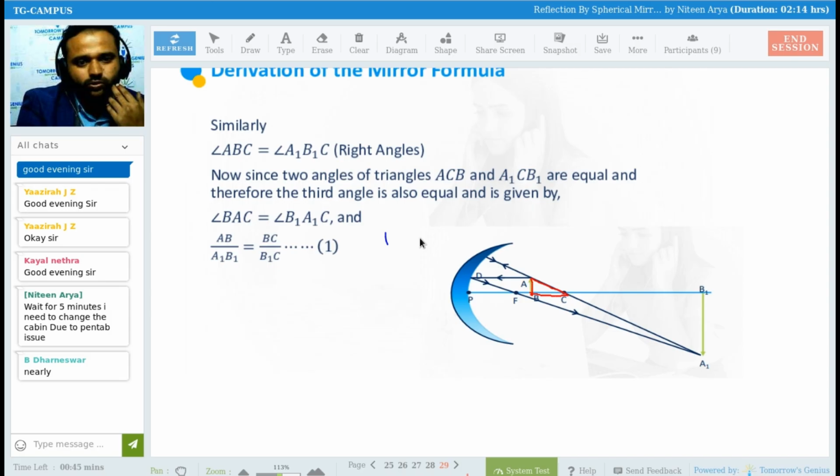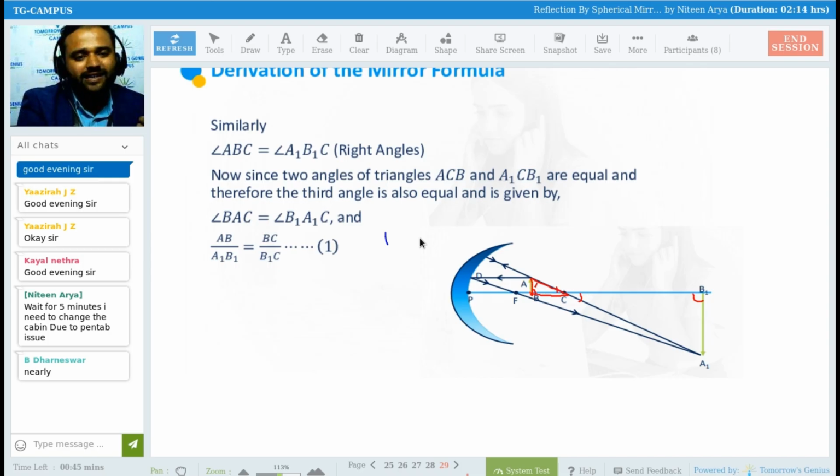Since two angles of triangles ACB and A1C1B1 are equal, therefore the third angle is also equal. What is the meaning? See, these two angles are equal, so the third angle is going to be equal. Angle BAC equals angle B1A1C1.